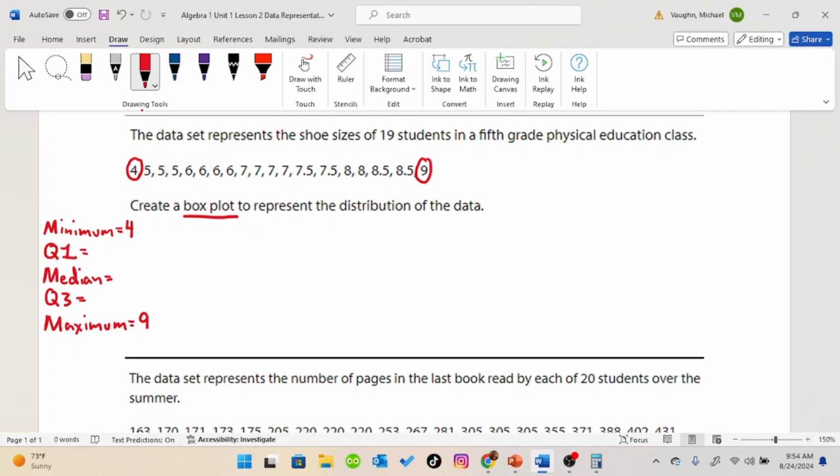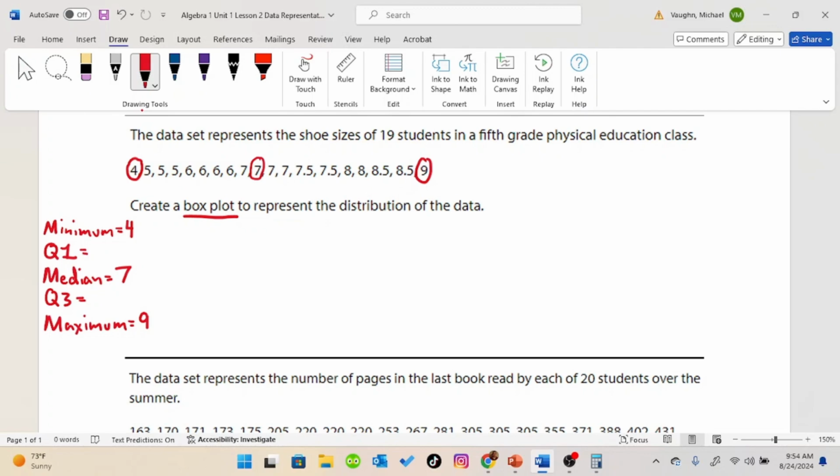So if we count 1, 2, 3, 4, 5, 6, 7, 8, 9, this is our 10th number. There are now 9 numbers smaller to the left and 9 numbers bigger to the right. So my median is 7.